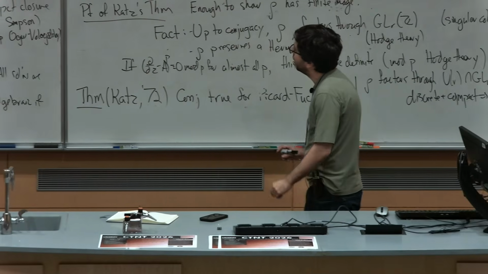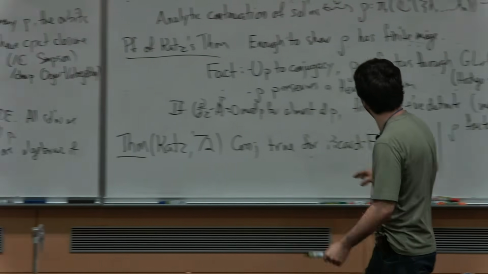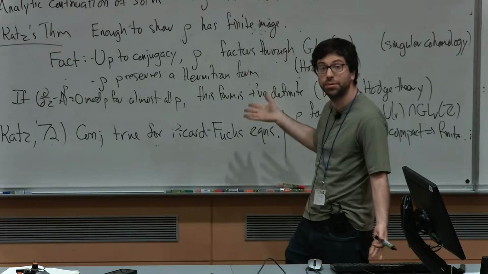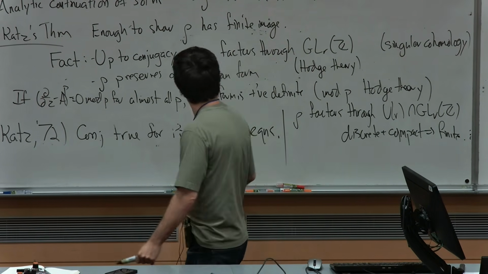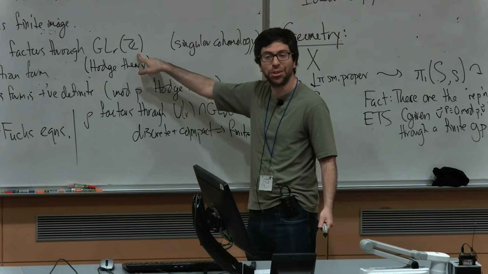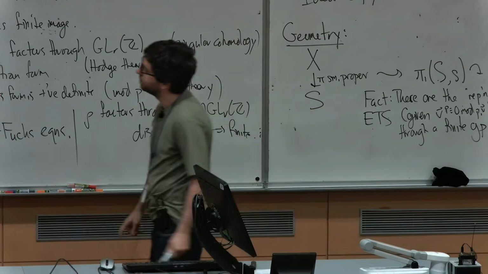Now once you have this, we've copied the part of Katz's theorem where we have a representation which preserves a positive definite Hermitian inner product. What's left over is the theory of integral singular cohomology, the fact that we had a representation into GL_r(Z).